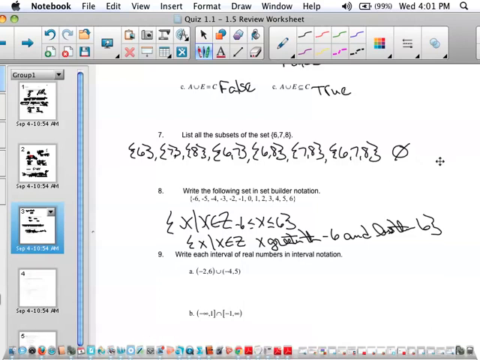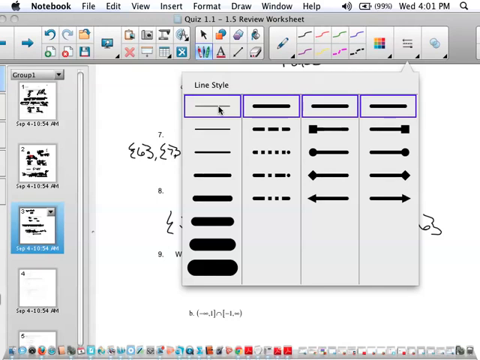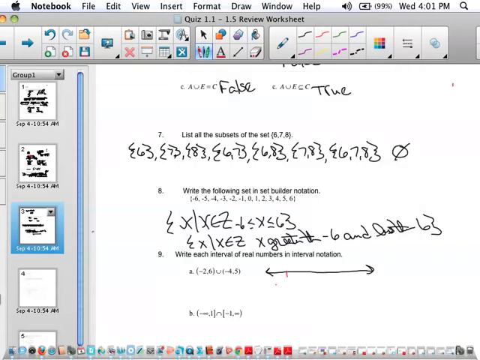Number 9 asks you to write each interval of real numbers in interval notation. So we're writing the union in the first case, the union. So if we look at this on the number line, I have -2 to 6. So here's my -2, here's my 6. So this is the interval I'm referring to.